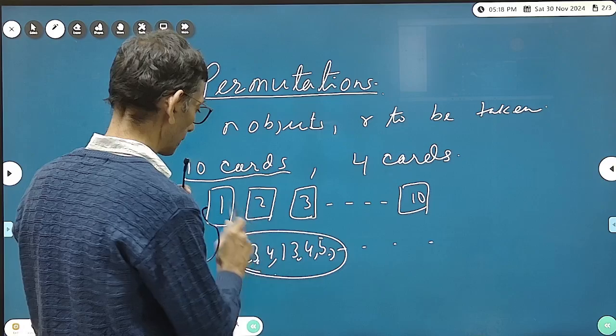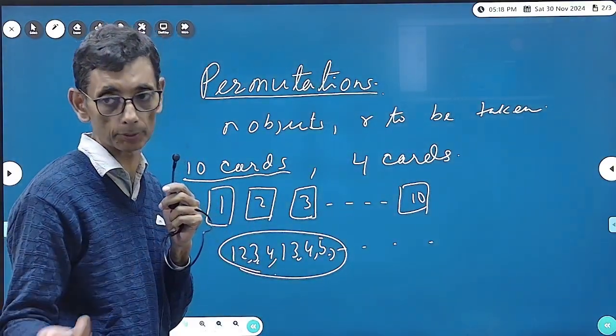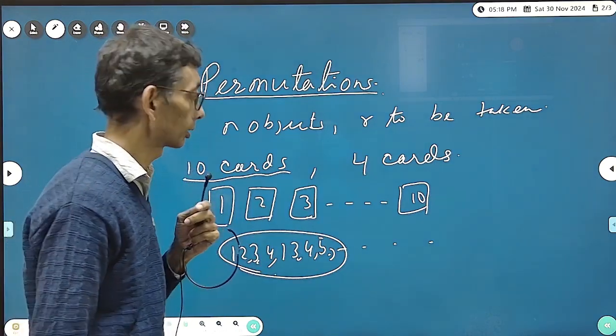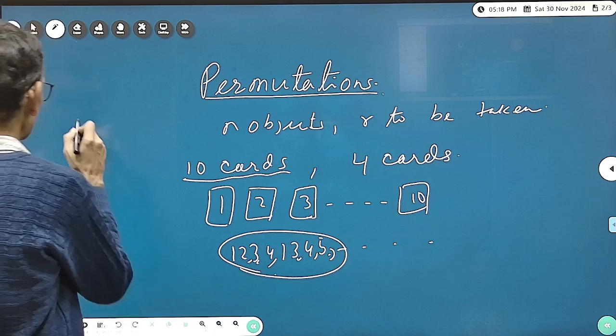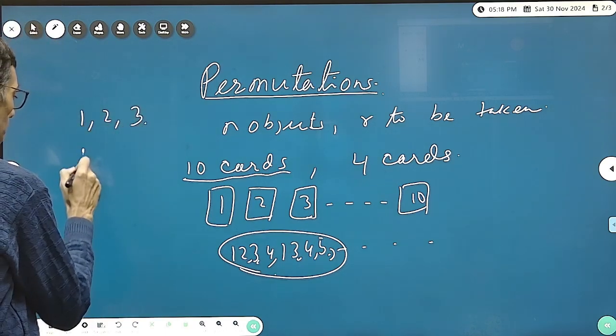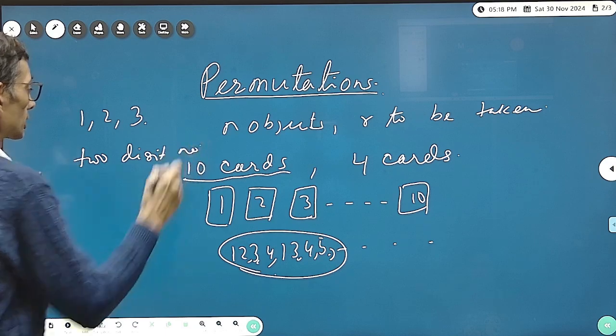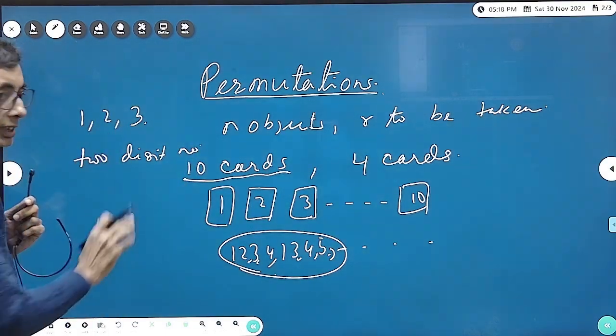If the objects are very few, then your arrangements will be very few, that's not a problem. Suppose you have three digits 1, 2, 3 and you have to make a 2 digit number. Then it's quite simple because your objects are less.